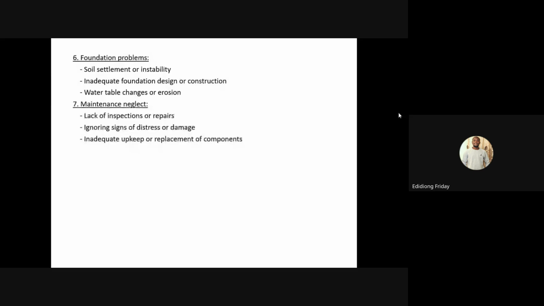cause of structural failure. If you have a soil that doesn't have enough bearing capacity to carry the load of the building coming on it, you tend to see settlements. So there are several things to do to attack soil settlement.